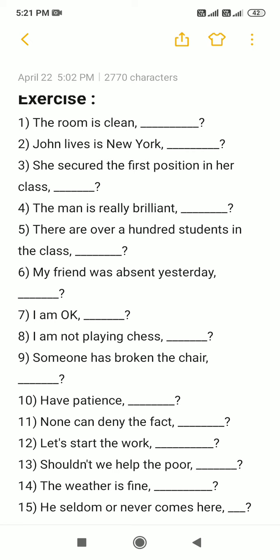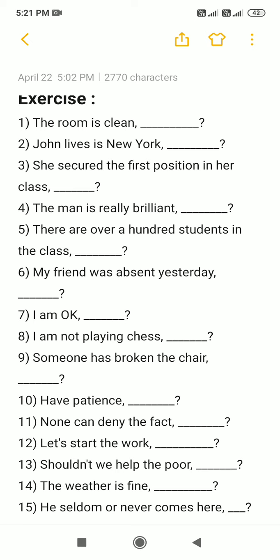The room is clean. John lives in New York. She secured the first position in her class. The man is really brilliant. There are over 100 students in the class. My friend was absent yesterday. I am okay.